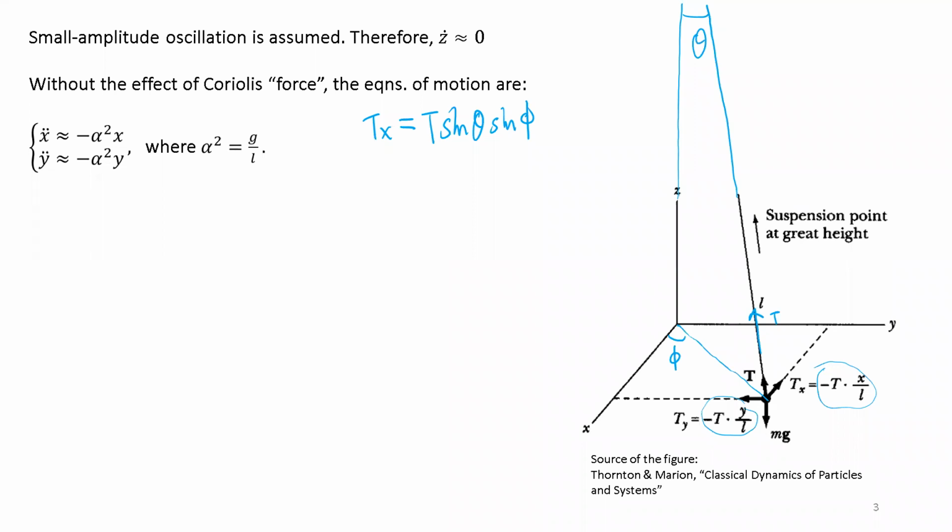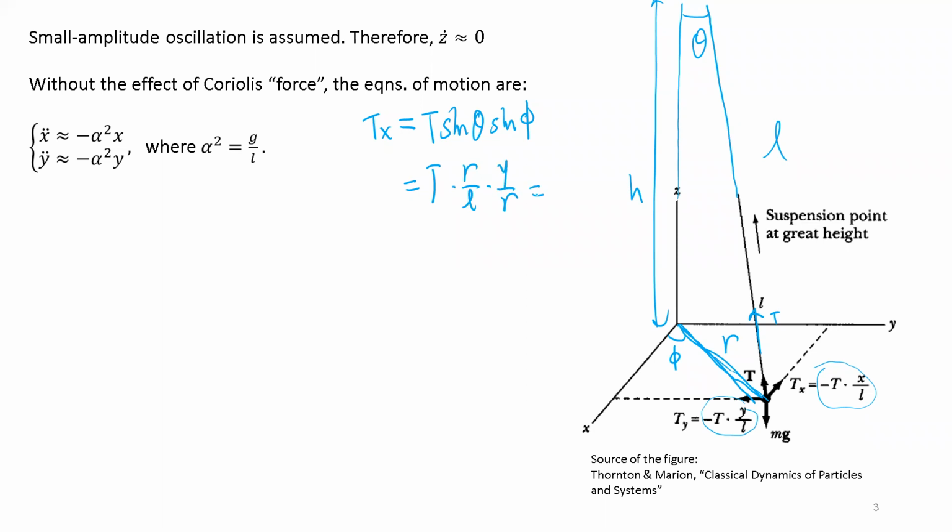If I assume that this vertical length is h, this horizontal distance is small r, and this length over here is L, then using this triangle, you find that it equals T times r divided by L times y divided by r.